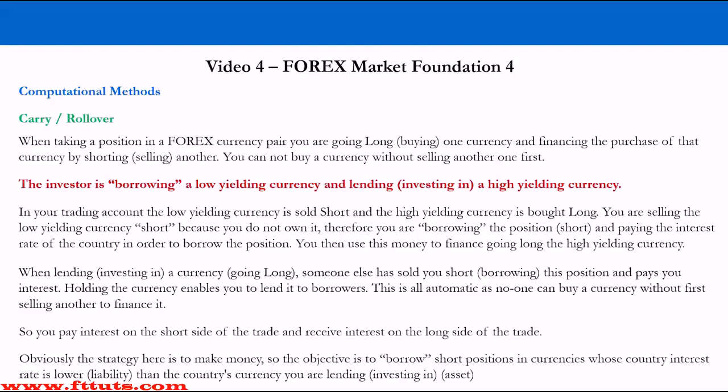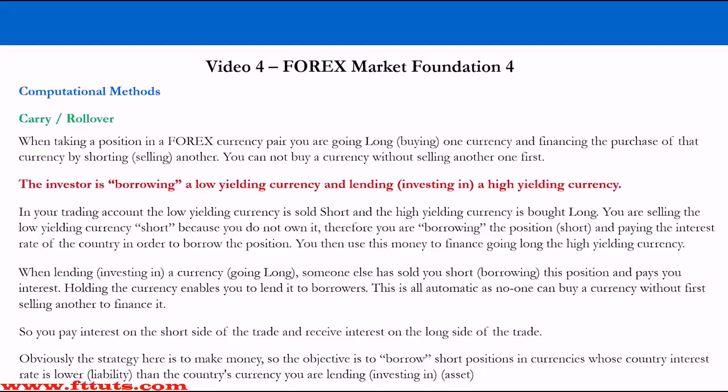It's automatic. Now, when we're looking at this thing that we call carry, what you're trying to achieve is basically borrowing a low yielding currency and lending or investing in a high yielding currency. So you borrow at a low rate and you buy a currency that pays a high rate.